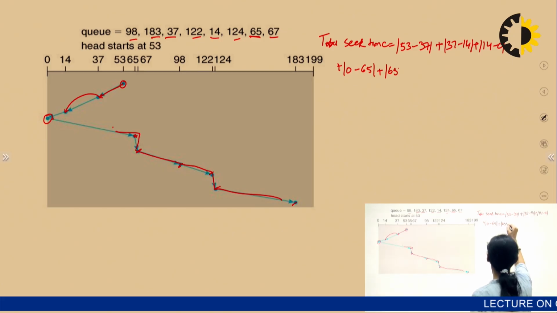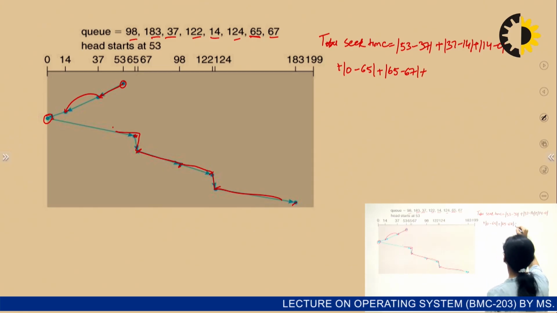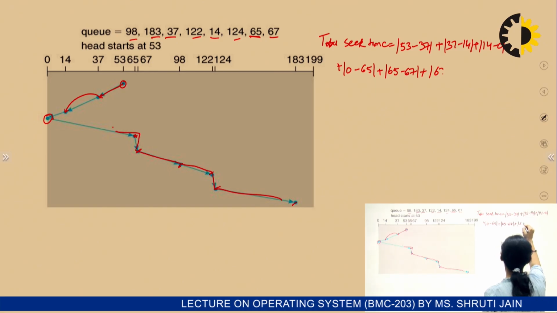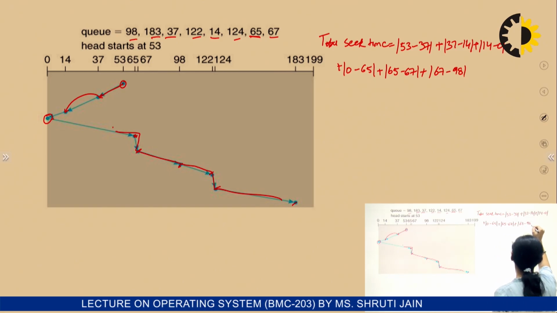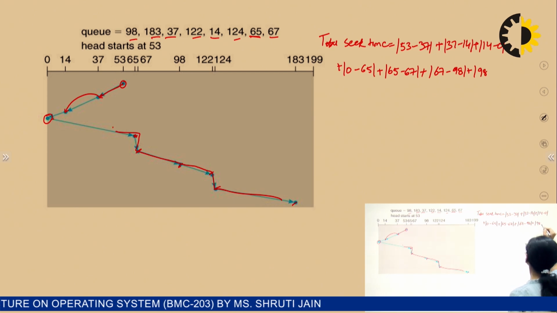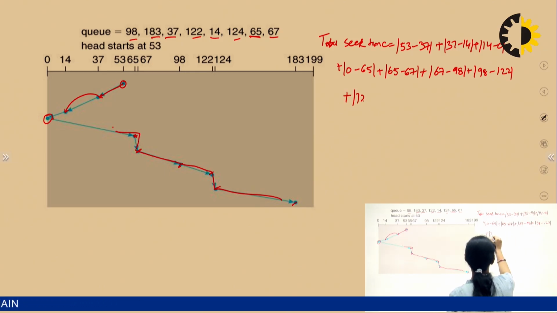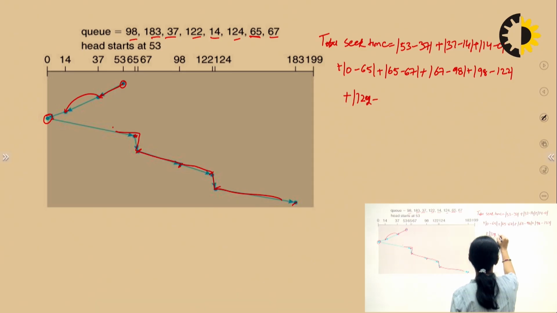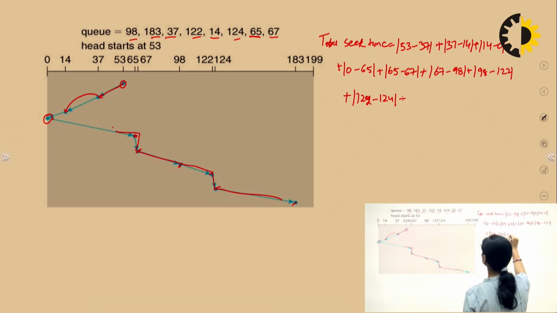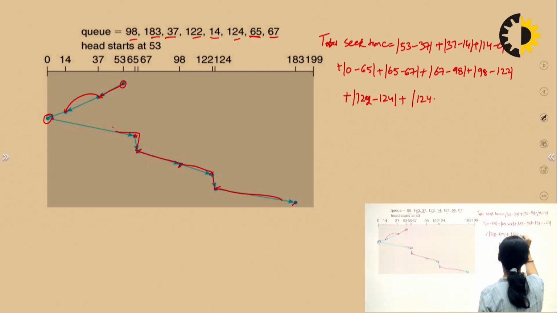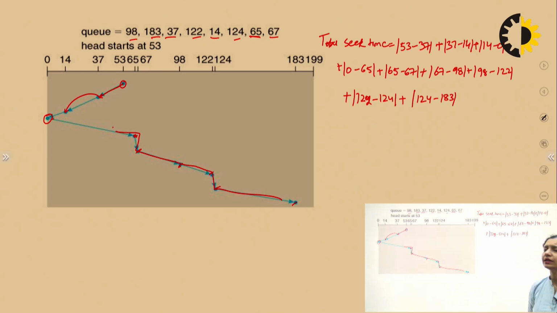From 65, it moved to 67. From 67, it moved to 98. From 98, it moved to 122. From 122, it moved to 124 and finally to 183. This is how we will calculate the total seek time for the scan scheduling.